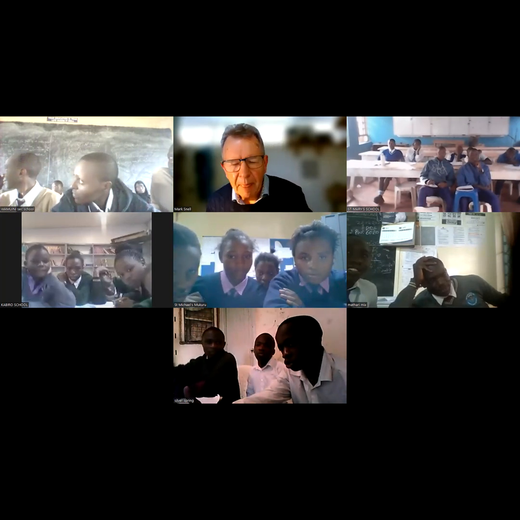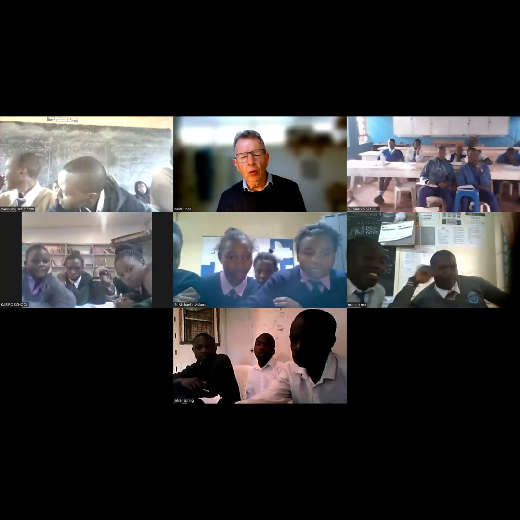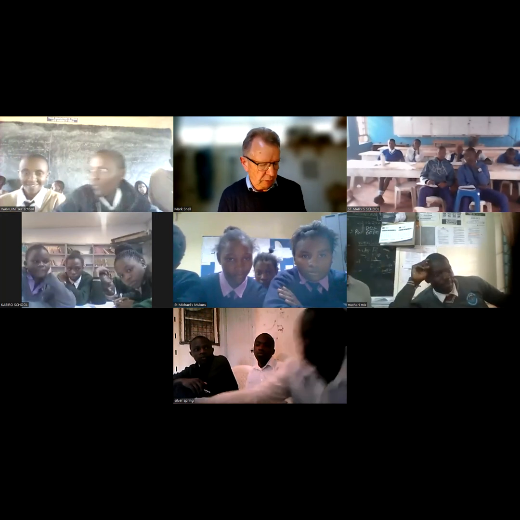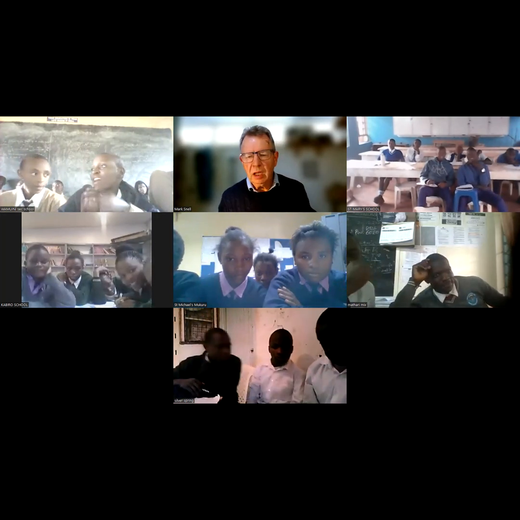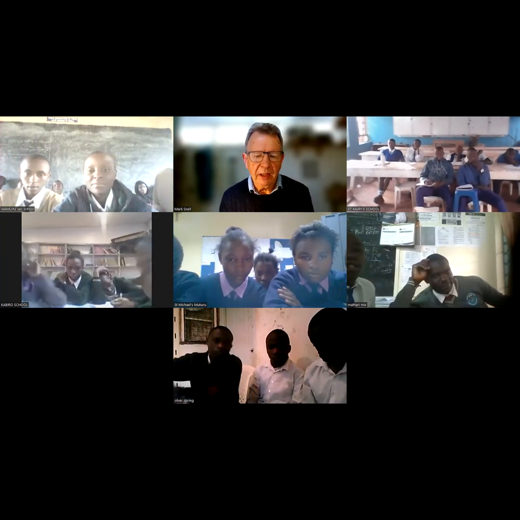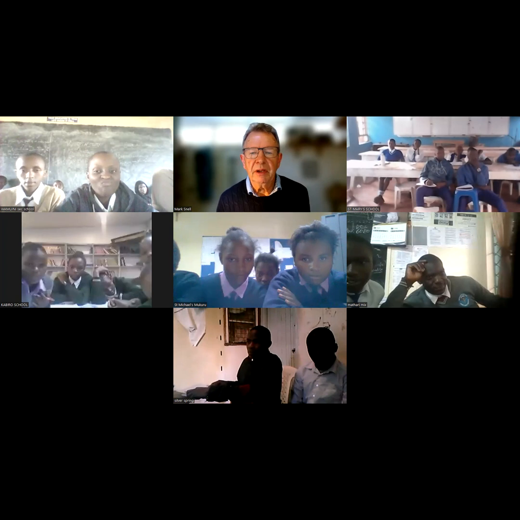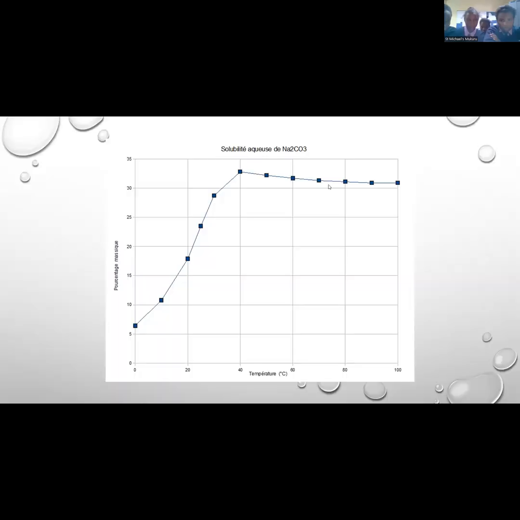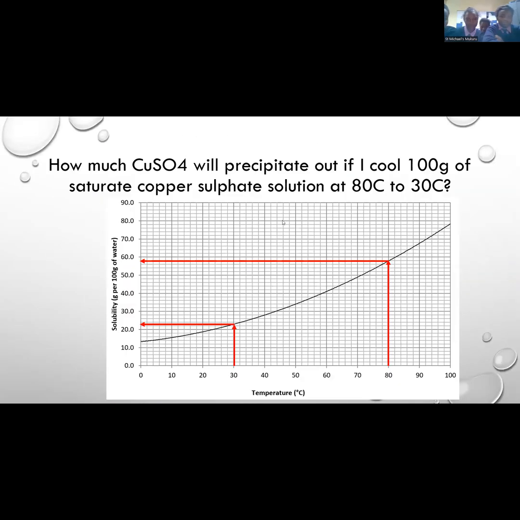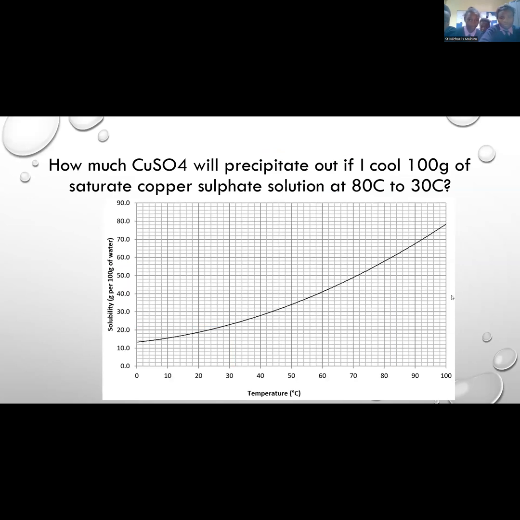Okay. Calcium sulfate is almost completely insoluble. I'll draw a little picture which will help to explain this. I'm going to find a blank page so I can show you.